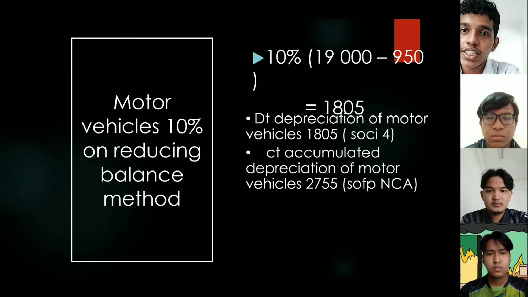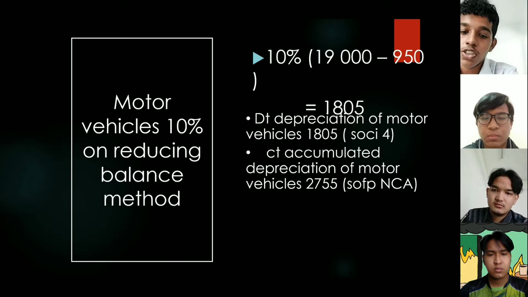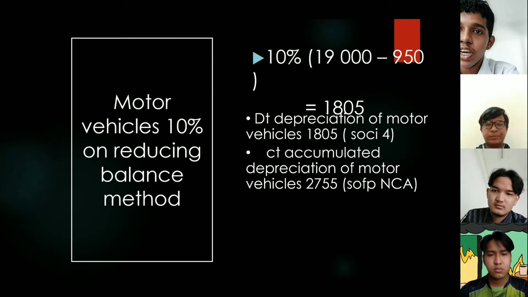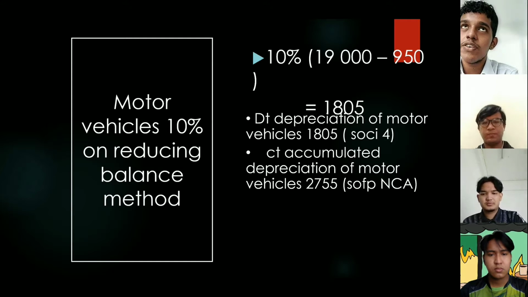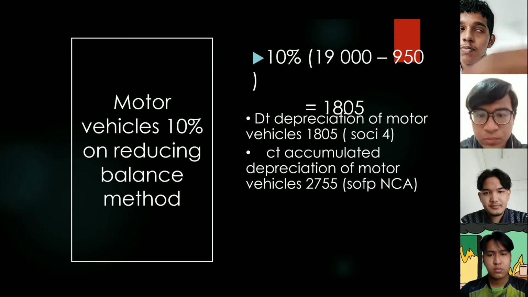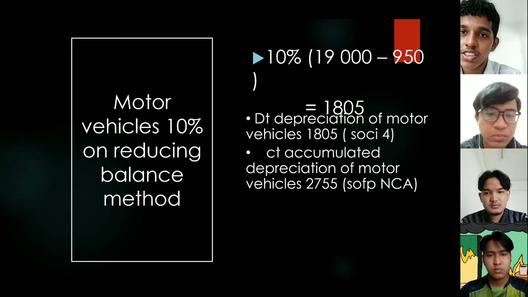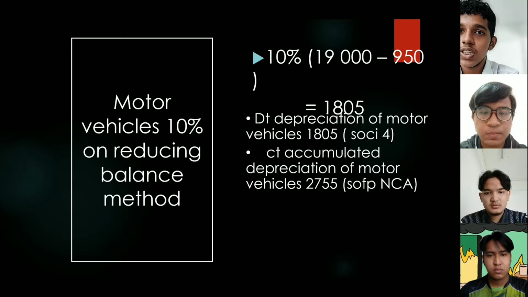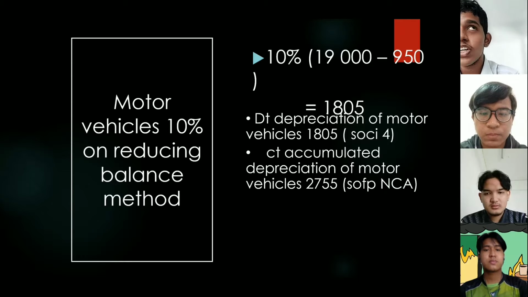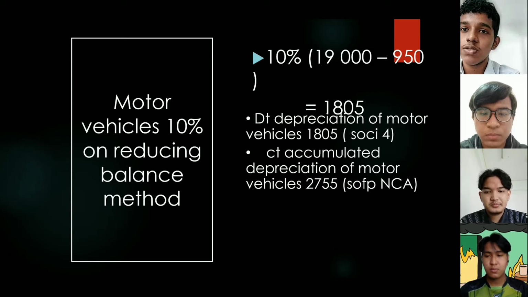So first, motor vehicle 10% on reducing balance method. On reducing balance method, we first have to minus the cost of the asset, that is motor vehicles cost, with the accumulated depreciation that we already have in the trial balance. So that is 18,050.